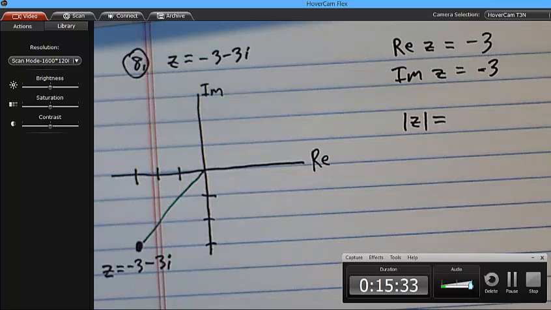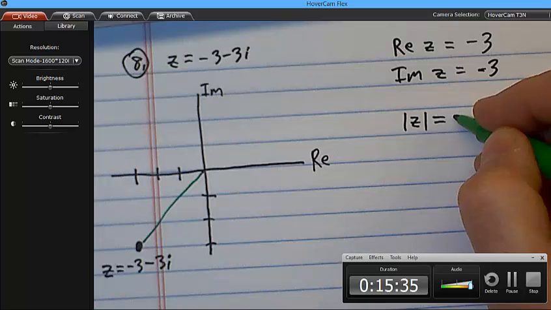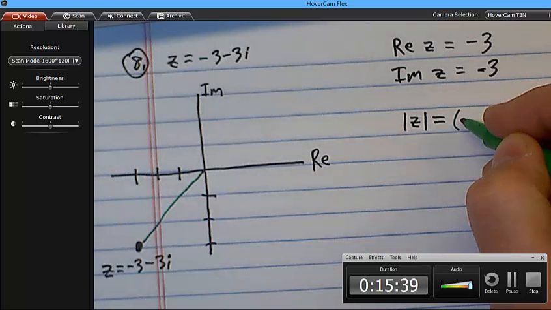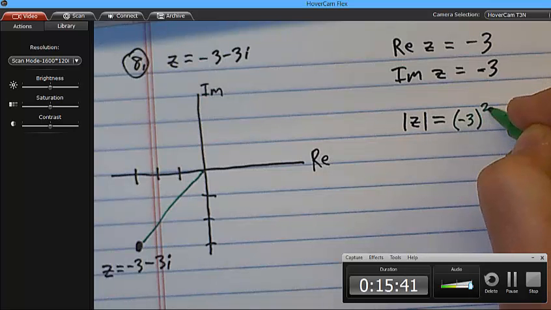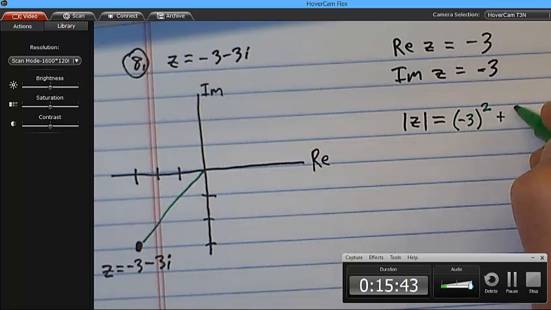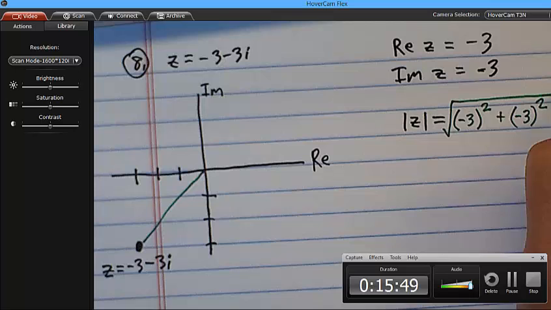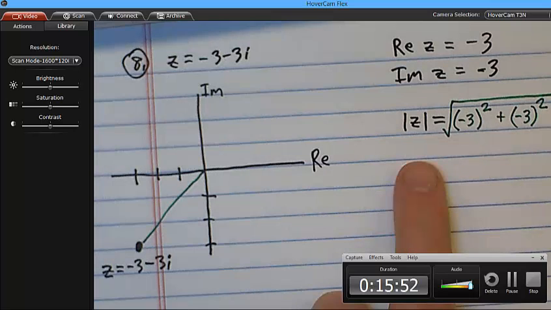So do you guys know how to do that? Okay, so that's no problem. I'll do it very quickly then. It's just, again, the Pythagorean theorem, right? So we know we're going to take -3 squared, the real part squared. We're also going to square the imaginary part. We're going to take the square root. And here, because it says absolute value, I want positive. Right?